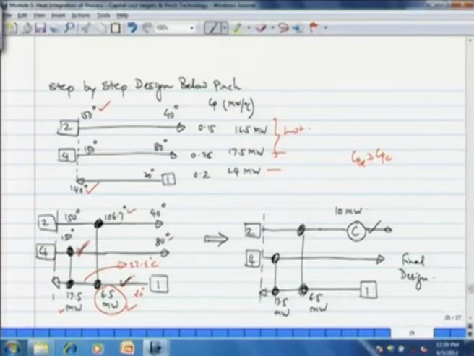Now, whatever 10 megawatt heat is left with stream 2 can only be absorbed with cold utility. So we have to use cold utility below pinch now, and we place a heat exchanger between cold utility, that is cooling water, and stream 2, and the capacity of this heat exchanger is 10 megawatt.